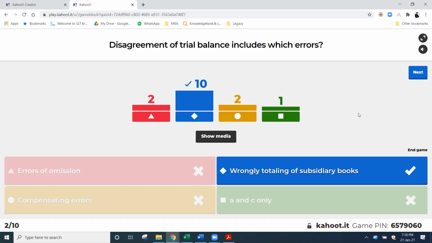If the subsidiary book total is wrong, let's say the sales day book total is wrong, then that will affect only the sales account. So that will make the difference in the trial balance if we are preparing only the general ledger.